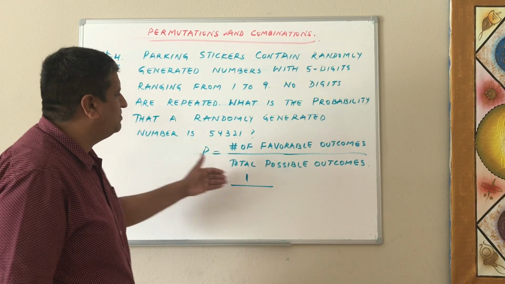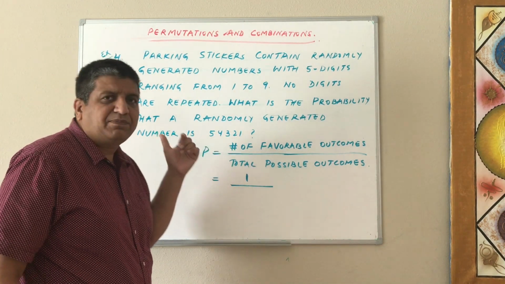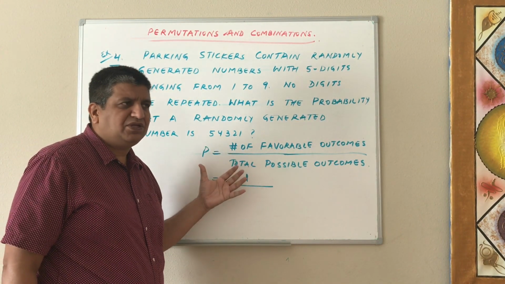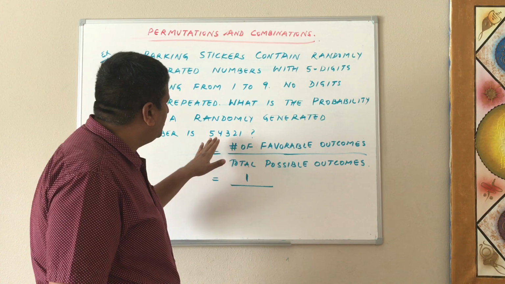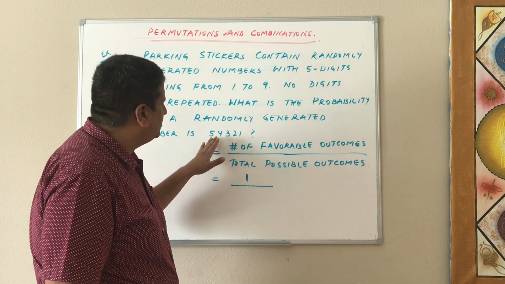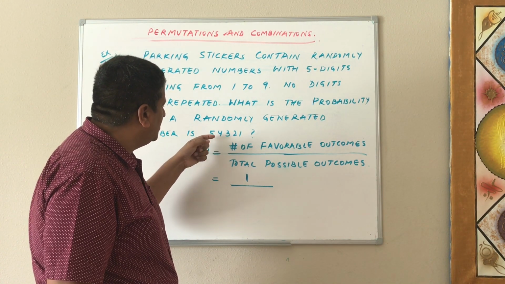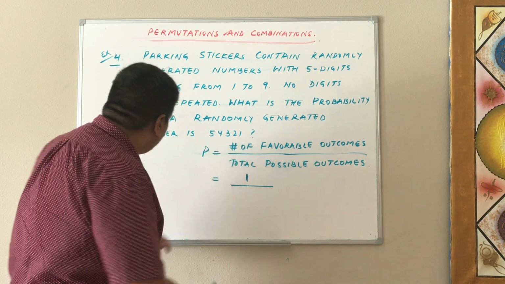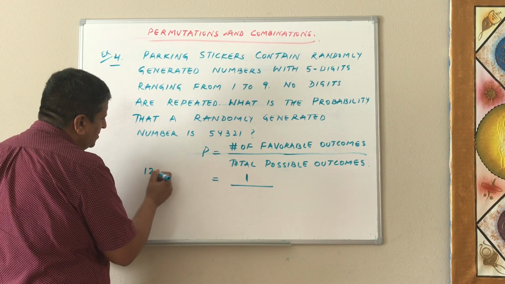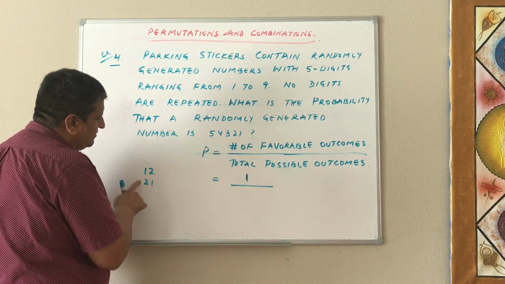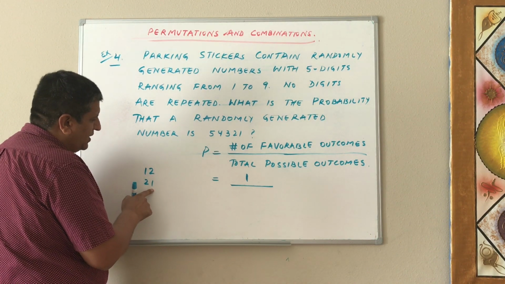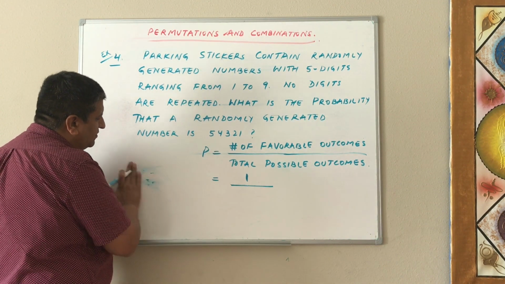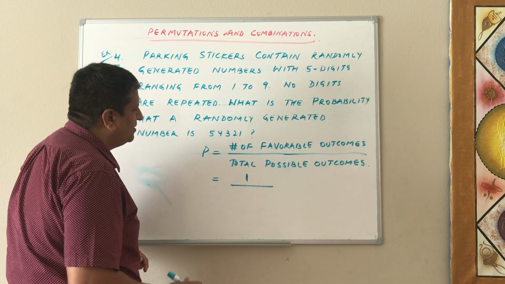And how many possible outcomes? Is this a permutation question or a combination question? This is a permutation problem because the order does matter. If I write the number 1, 2, that's different from if I write 2 and 1. So the order of numbers does matter, so we're going to use permutations here.